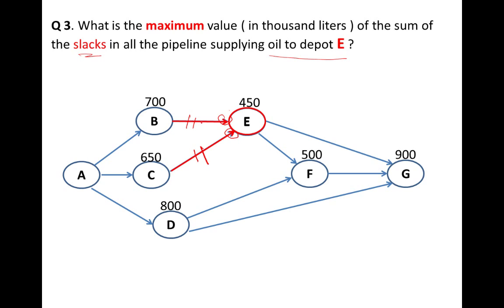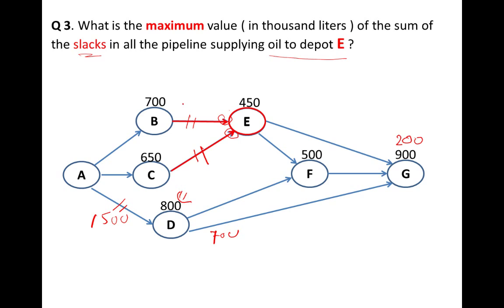So I will minimize the flow. To minimize the flow, I will maximize this A to D, and the maximum A to D can take is 1500, of which the requirement of D is 800. The remaining 700 can be flown to G, where the G additional requirement is 200, which can be taken via F to G or E to G. Now the maximum quantity from A to B we have seen is 1450.